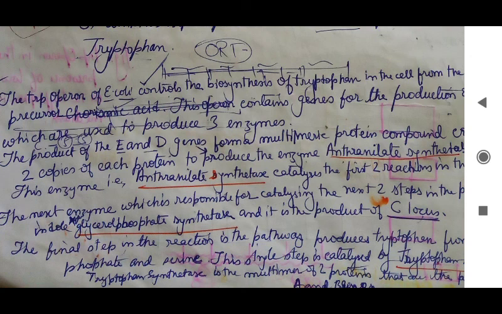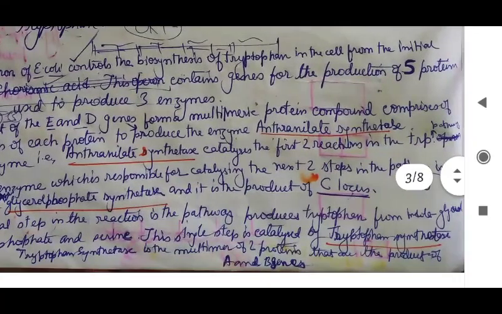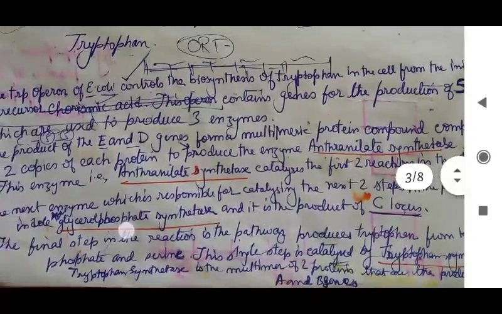This enzyme anthranilate synthetase catalyzes the first two reactions in the tryptophan biosynthesis pathway. So the products of the TRPE and TRPD genes produce the enzyme anthranilate synthetase, which catalyzes the first two reactions in the tryptophan pathway.